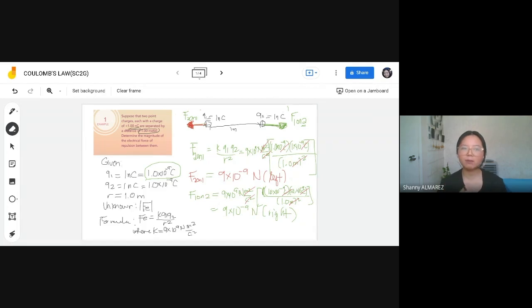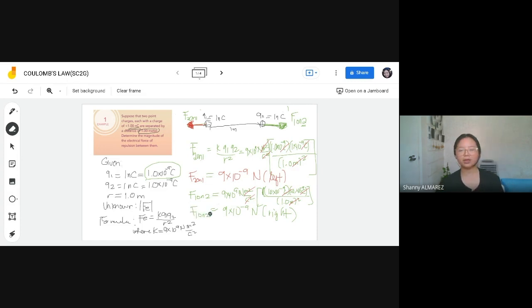Kung positive ba siya because it's going to the left or to the right. So para wag tayong ma-confuse, let's just use the absolute value and refer to the illustration for our direction. Okay? So yun yung technique natin. We get the absolute value of the charges in computation. Then again, refer to the illustration for the direction. Okay? So this is now the F1 on 2.